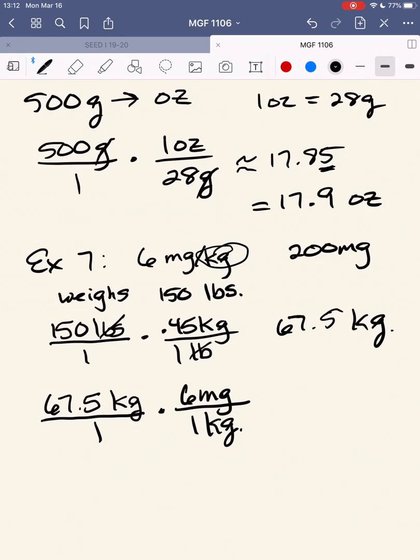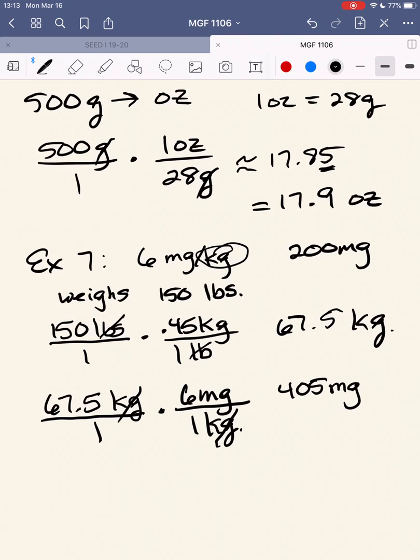That's my dosage instructions. My units cancel, and I have 67.5 times the 6 milligrams, and I end up with 405 milligrams.